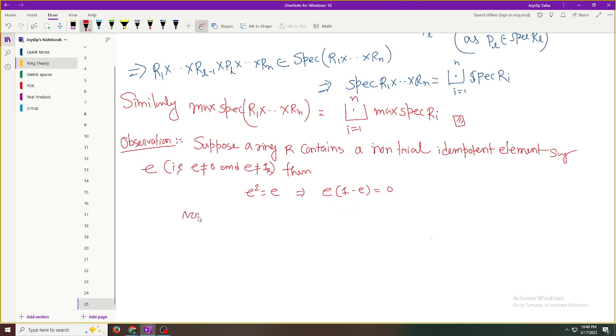Now 1 belongs to the 1 minus E generated ideal plus the E generated ideal, as 1 equals 1 minus E plus E. 1 means 1 of R. Then what happened by the Chinese remainder theorem?